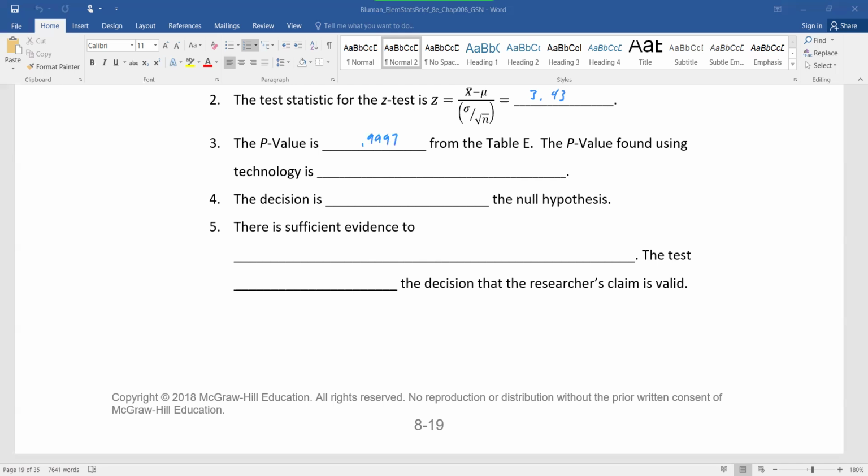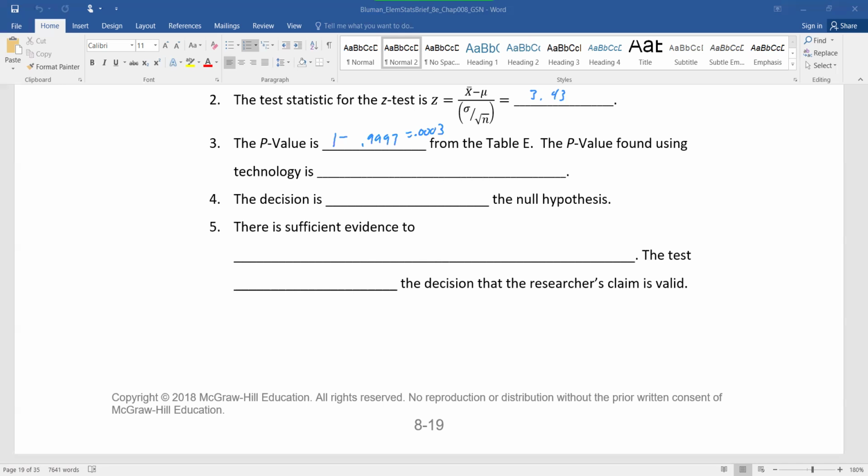But because it's a right-tail test, what am I going to have to do with that score? So do 1 minus that, and we get 0.0003. All right, so our p-value then is 0.0003 from table E.